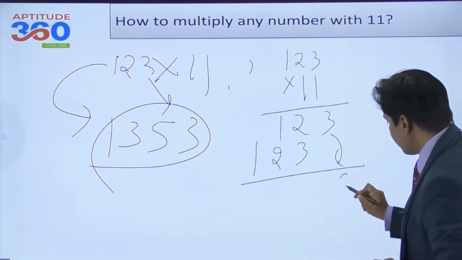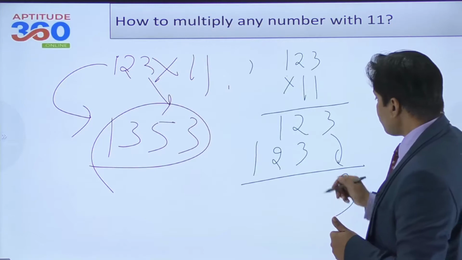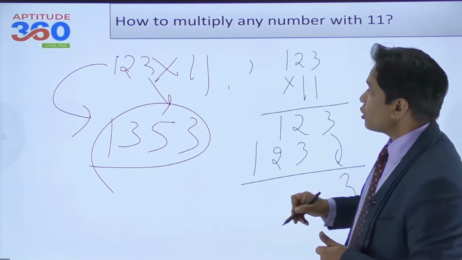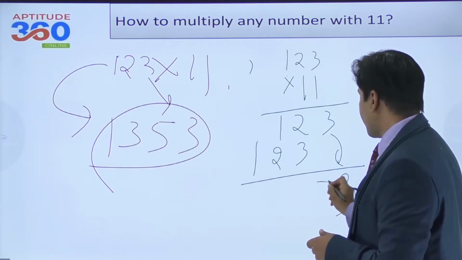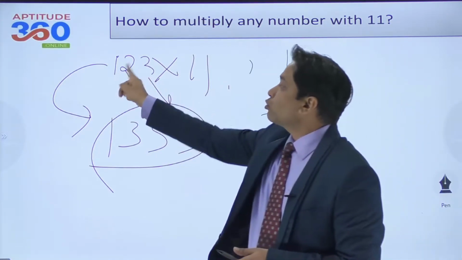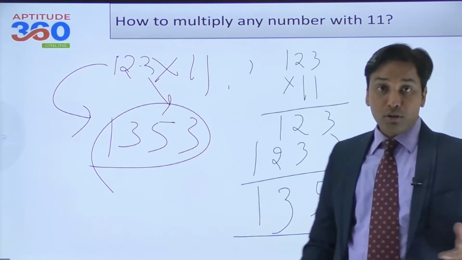This is why I said write 3. Is that okay? And then take the addition of 2 and 3, which is 5, and then 2 plus 1, which is 3, and then 1, and you have got the answer.